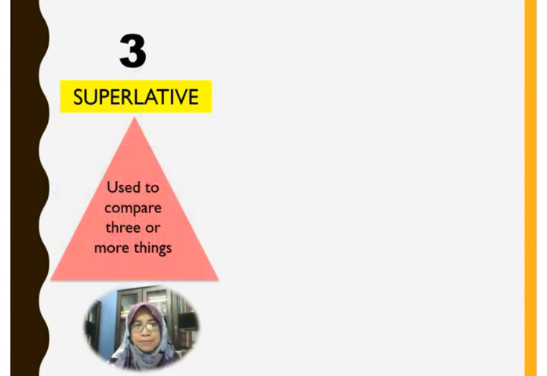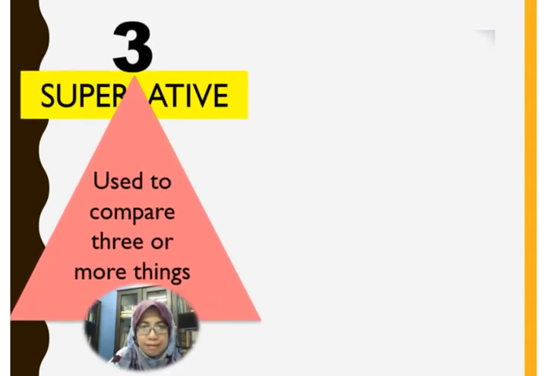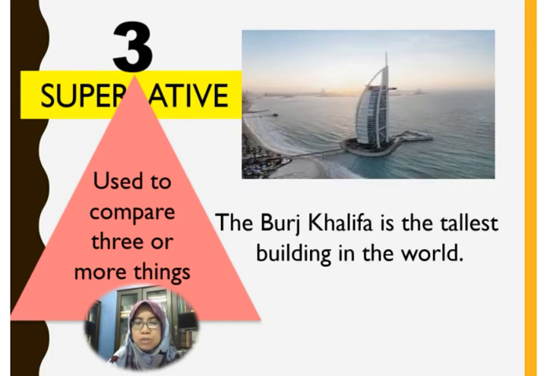Okay, so this is the last form of degree of comparison, which we call superlative. Now if you want to compare three things or more, we call it superlative. What is that? The Burj Khalifa is the tallest building in the world.